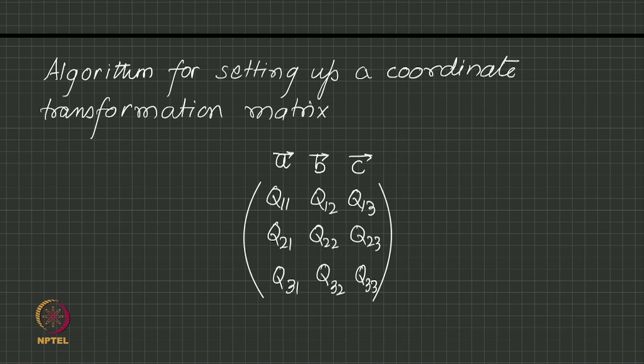So, how do you write the coordinate transformation matrix? Write the first column as the coordinates of A in terms of the new basis, and the new basis is A prime, B prime and C prime.